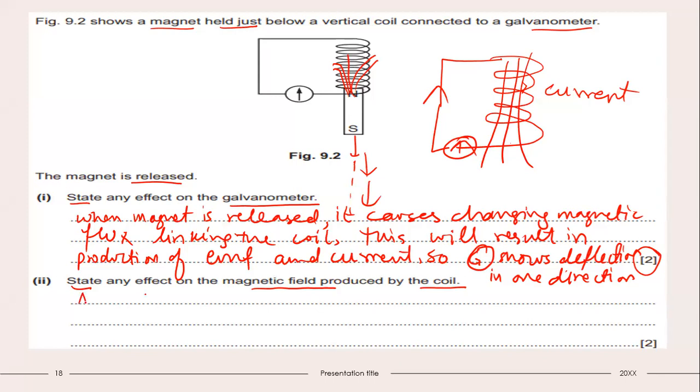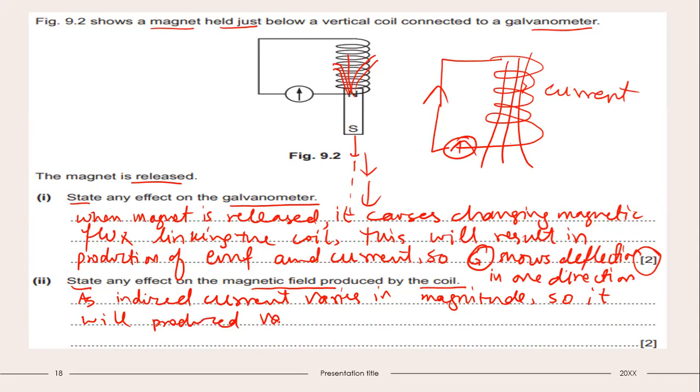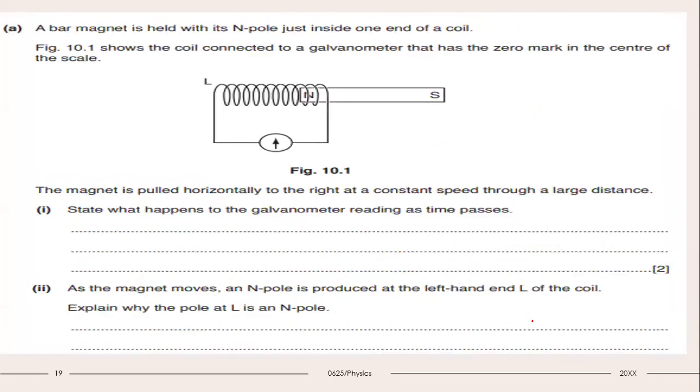So we say, as the induced current varies in magnitude, it will produce a varying magnetic field. As the amount of current changes, of course, the magnetic field also changes.